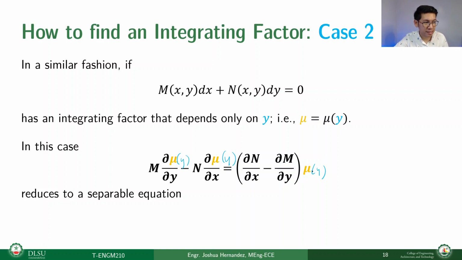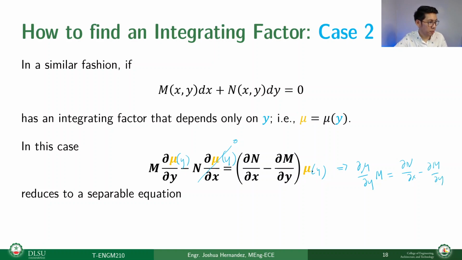We know that the derivative with respect to x, no, will treat all other variables as constant. In this case, that is y. So, the derivative of a constant is 0. Yeah. In other words, this becomes simply partial derivative of mu with respect to y, M equals partial derivative of N with respect to x minus partial derivative of M with respect to y.